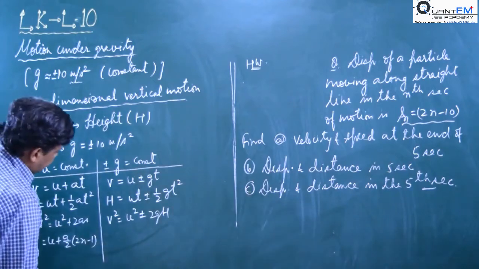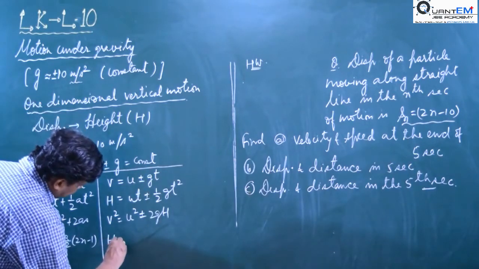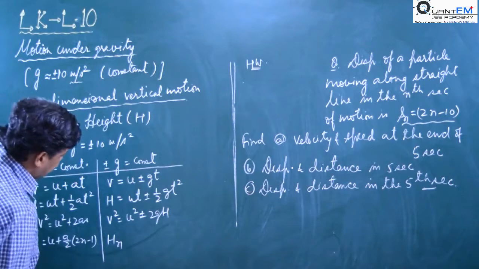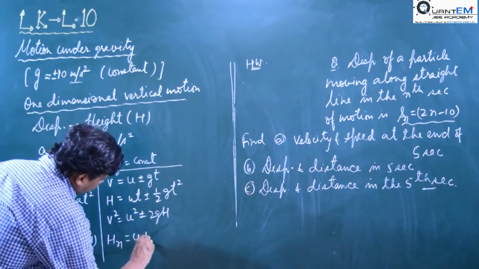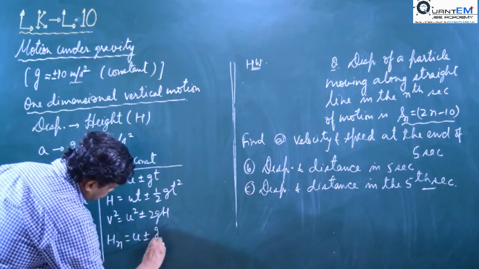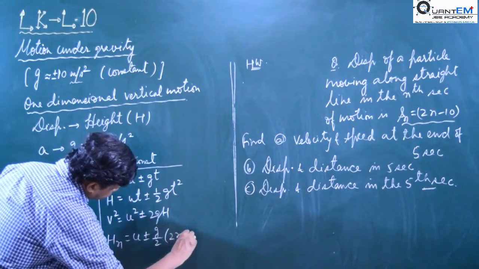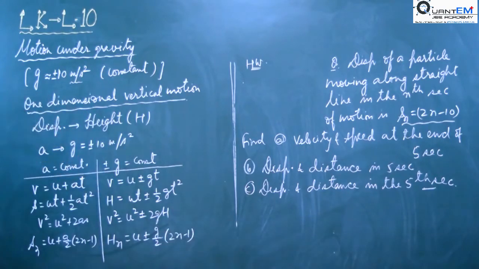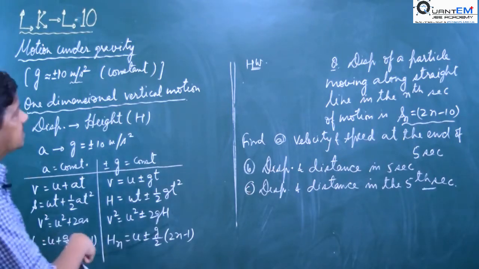In place of displacement we'll have to use the height, that is the displacement in the nth second of motion, u plus minus g by 2 (2n minus 1). So this one is the displacement in the nth second of motion.